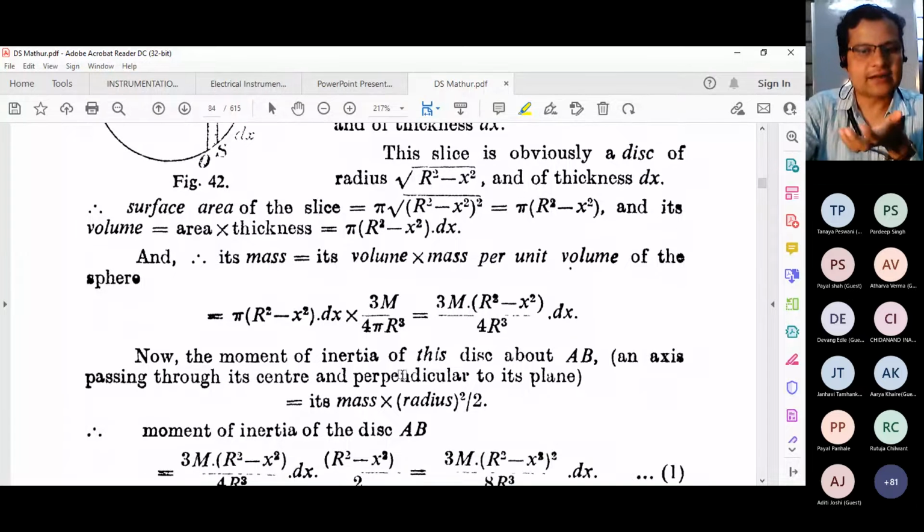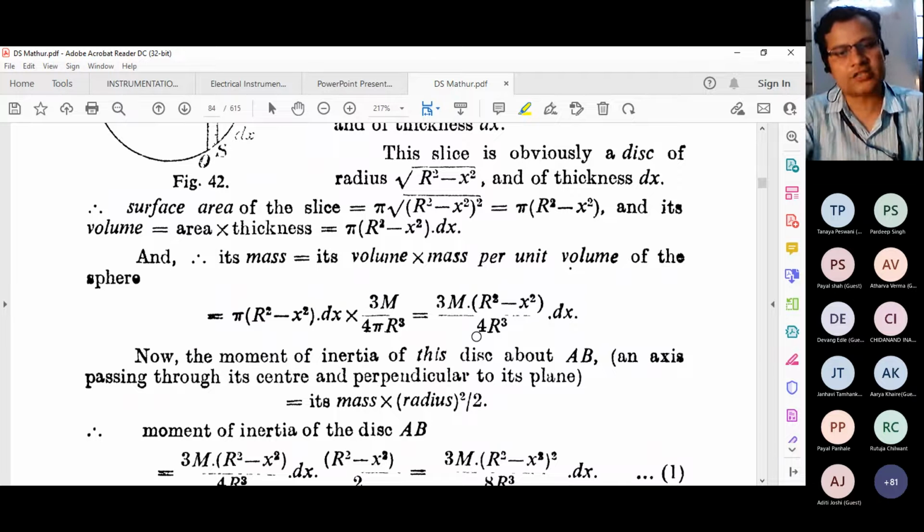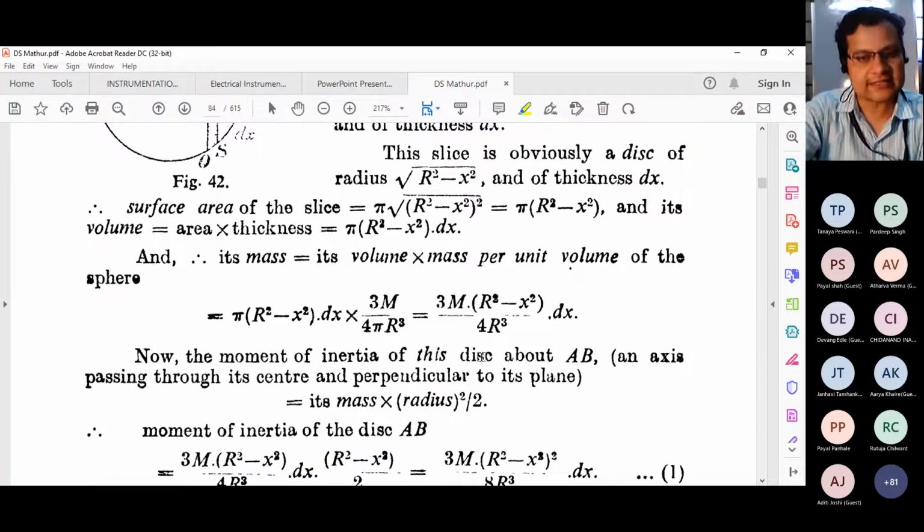Now why do we need that? Because we need to find the moment of inertia of the whole spherical body. We consider a slice which is like a disc with certain thickness and radius; if we integrate, we can find the moment of inertia. But we need the moment of inertia of the disc, which we already studied.